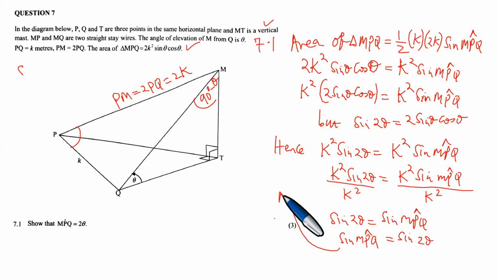We proceed to decide. Right, in this case, we have the sine of MPQ is equal to the sine of that one. Let me just write it clearly here. Okay, so we have exactly what we obtain here.